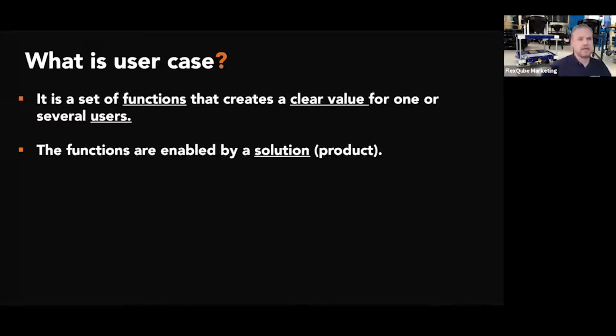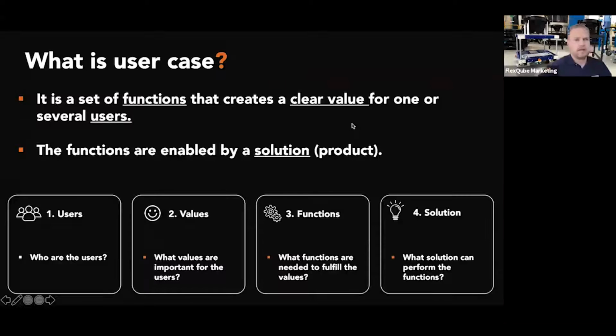So you can see it like these 4 steps. So first we have to define who are the users and what values are important for the users. And the third step is, okay, what functions do we need to fulfill those values? And the last step is to find a product that will fulfill these functions.